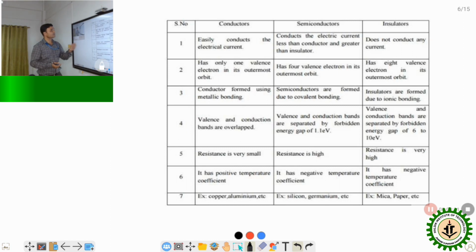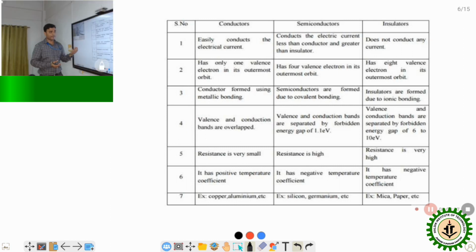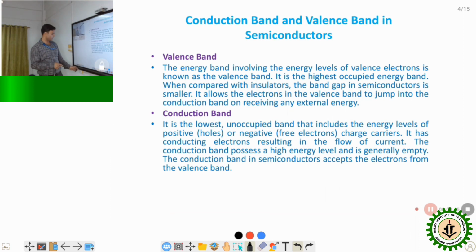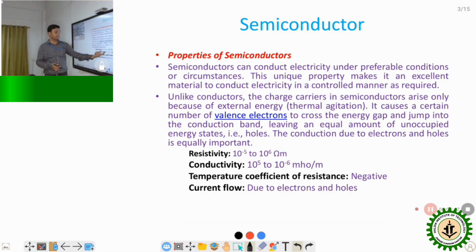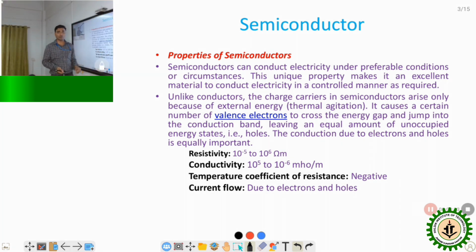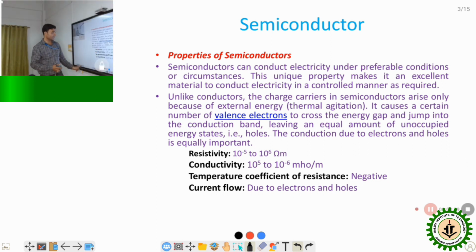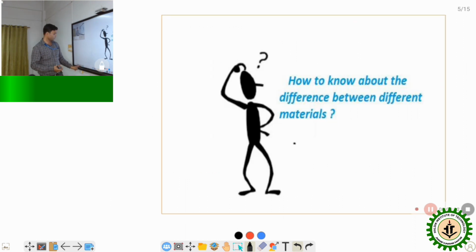The resistivity of a conductor or metal is less than that of a semiconductor, and the resistivity of the semiconductor is in between the metal and the insulator. The range, as I told on the previous slide, is 10 to the power minus 5 to 10 to the power 6 ohm meter. For metal it's less than that, and for insulator more than that.